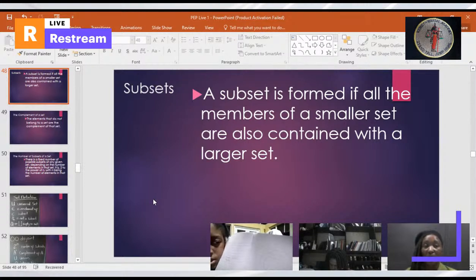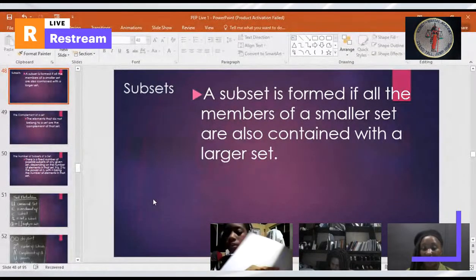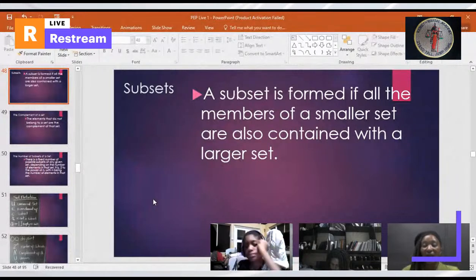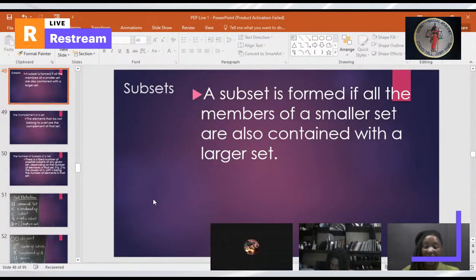So you see, their union would be the bigger set because it already contains the smaller set. So this is actually a rule in sets. Wherever you have subsets, if A is a subset of B, then A intersect B is equal to A, and A union B is equal to B.